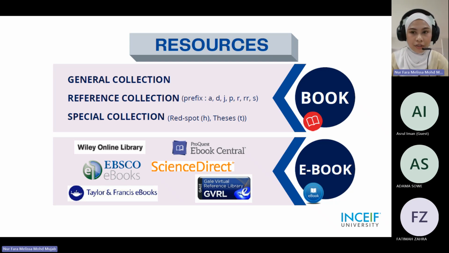Okay, we have different types of collections, which we categorize into three. We have general collections, which is available for you to borrow up to 30 days, and you can renew the book twice and it can be done online. I'll show you later how you can renew your book online. And we do have reference collections, and we have special collections, which is the red spot collection, which you can borrow for 4 hours.